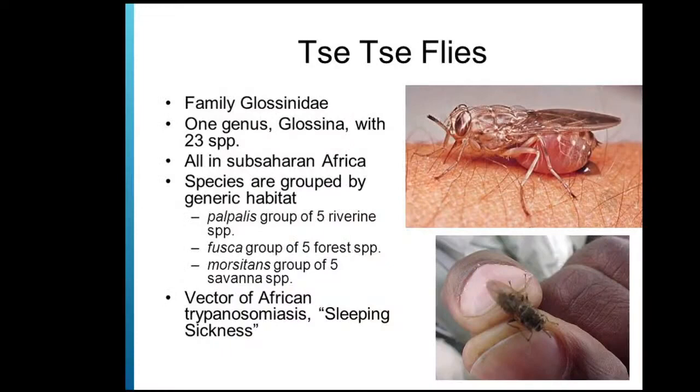The next organism, from the family Muscidae, is the tsetse fly.